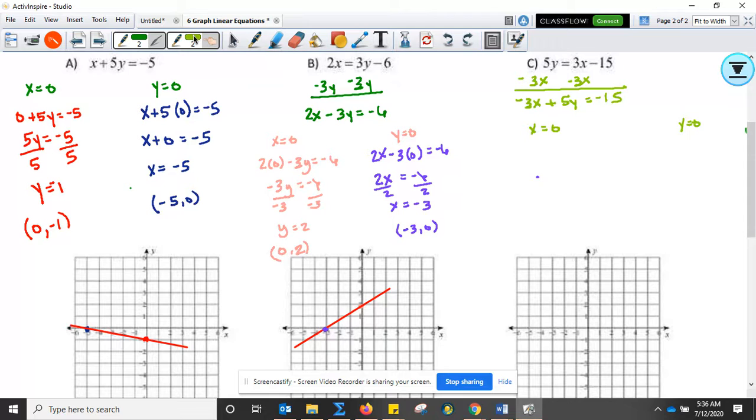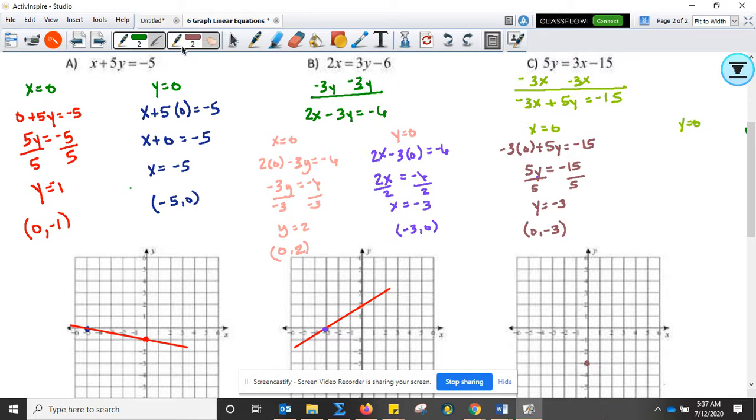Okay, so I'm going to plug those in. So I have negative 3 times 0 plus 5y equals negative 15. 5y equals negative 15. Divide both sides by 5. y equals negative 3. So your ordered pair is 0, negative 3. Right here.